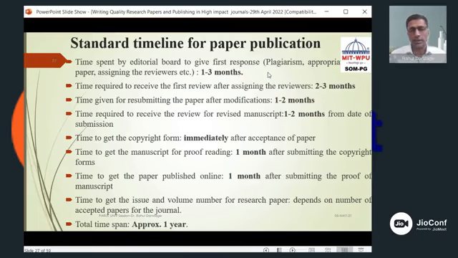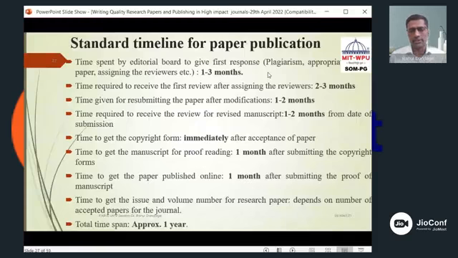And once you submit your proofread with the copyright form, then in around 1 month the manuscript will get published online. And depending upon the number of issues and volumes the journal has, how many papers they incorporate into every issue, and how many papers have been submitted and accepted by the journal, which issue your paper will be reflected in will be decided.